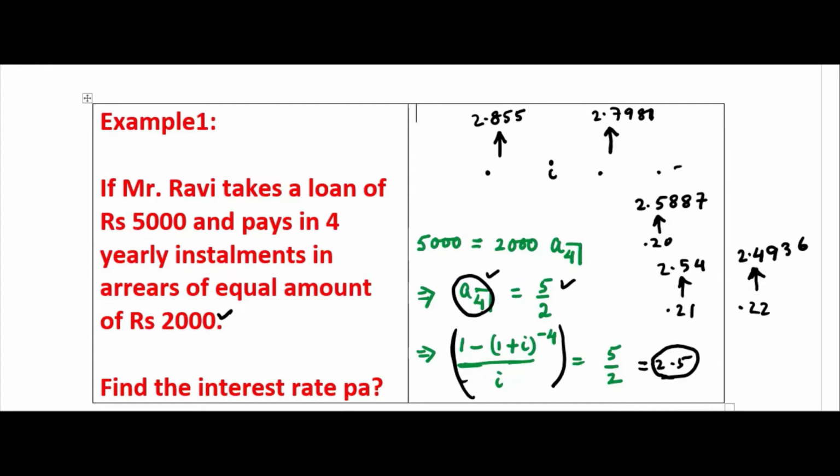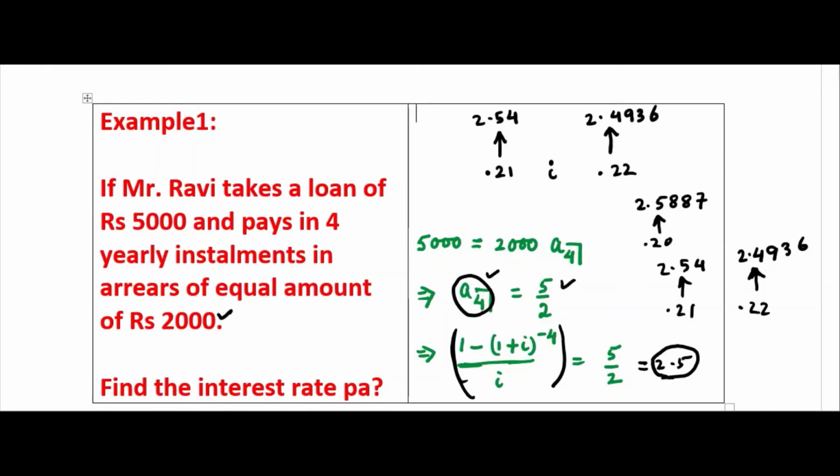I'm working with you so that you will be able to know how to really apply interpolation. That is the only reason. You can interchange also, there is no problem. At 21% it is 2.54 and at 22% it is 2.4936.